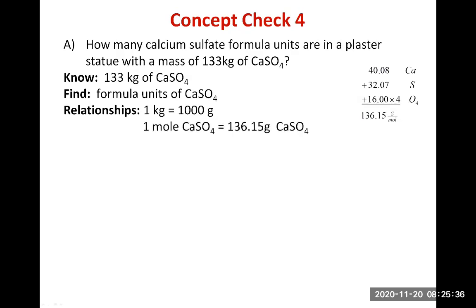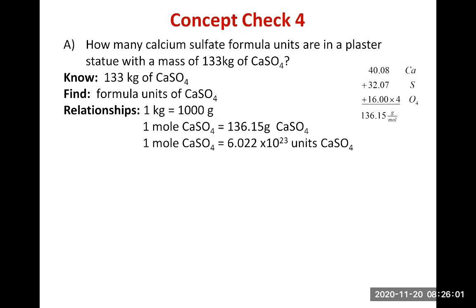So next, once we have the moles of calcium sulfate from the grams, we can then calculate the number of particles or the number of formula units of calcium sulfate using the definition of the mole and the Avogadro number. And that says 1 mole of calcium sulfate is 6.022 times 10 to the 23rd units of calcium sulfate.